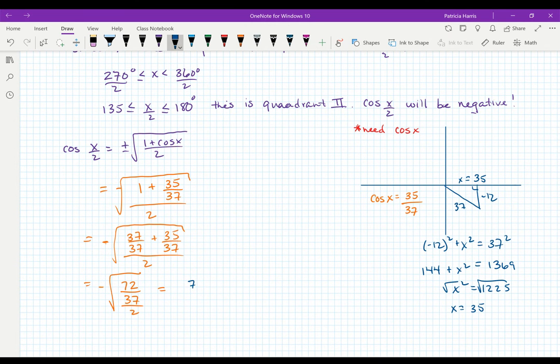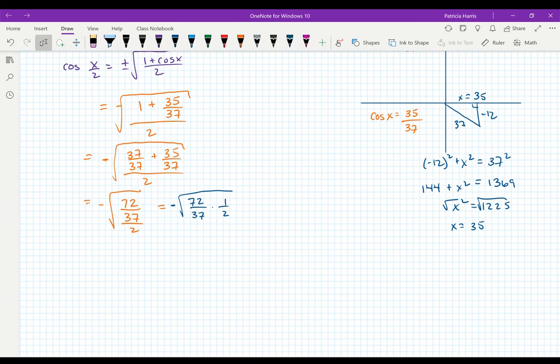Okay, so that would be 72 over 37 times 1/2, which, if I reduce, gives me negative 36 over 37. Okay, so again, we have to rationalize that denominator. So I'm going to go ahead and simplify this to 6 over the square root of 37.